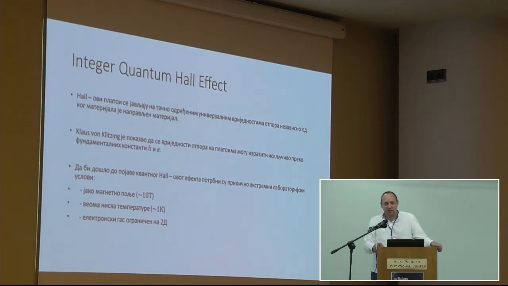And Tsui and Stormer discovered the fractional quantum Hall effect in 1982. This phenomenon is very strange and very interesting for theoretical physicists because for the fractional quantum Hall effect we don't have a very good theoretical explanation.